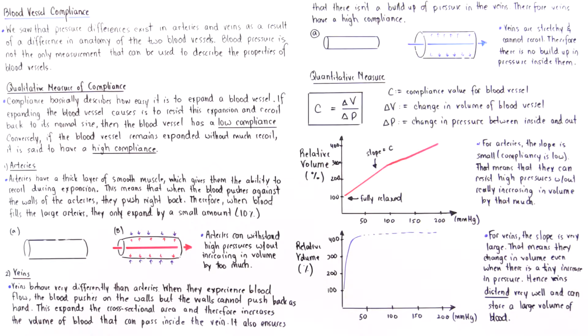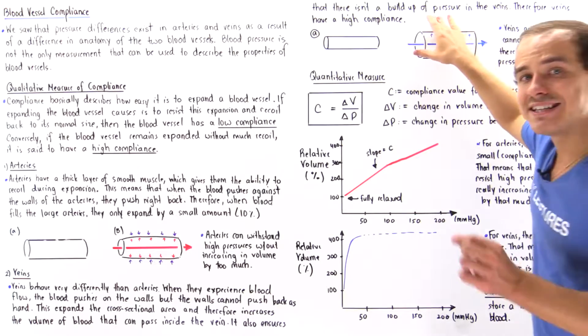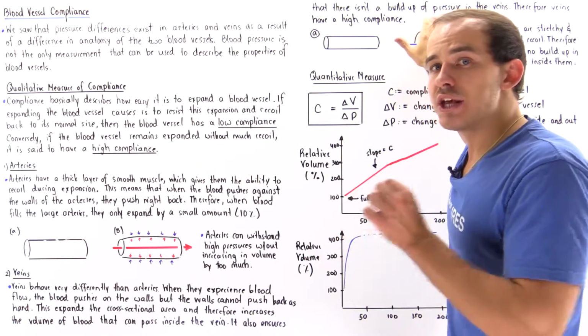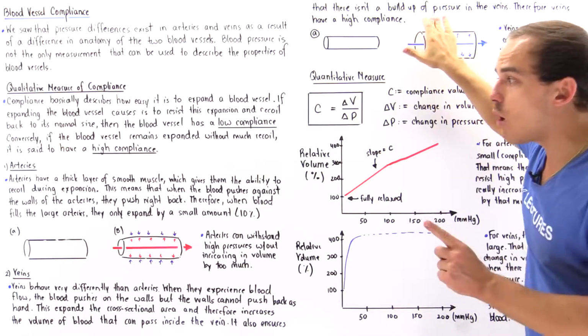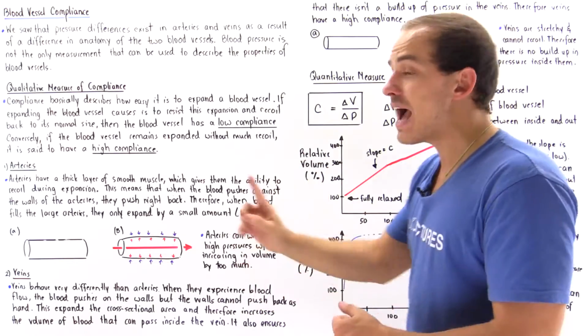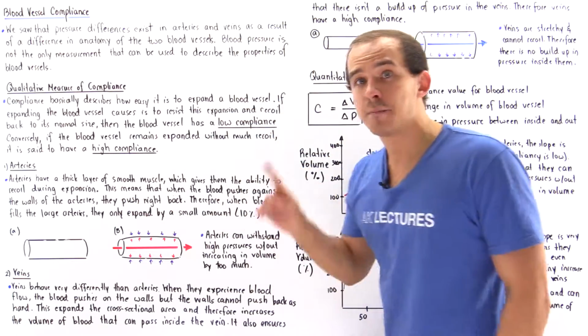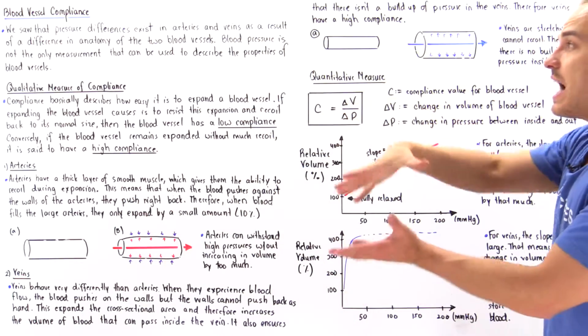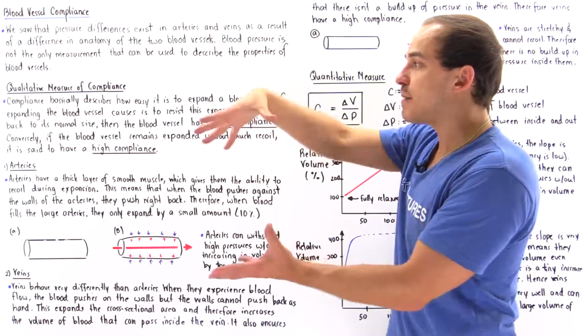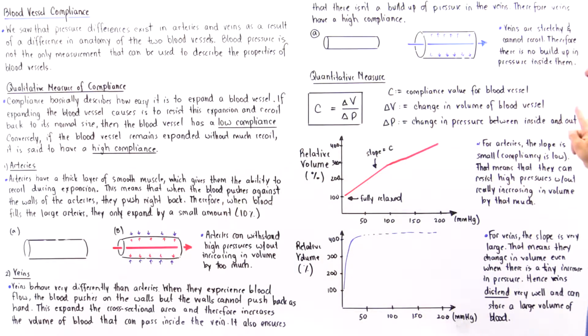It also ensures that there isn't a buildup of pressure within our veins, and that's exactly why in arteries, we have a high pressure because the walls can easily push back, but in veins, the walls cannot push back, so we have expansion taking place and the pressure remains at a relatively low value.